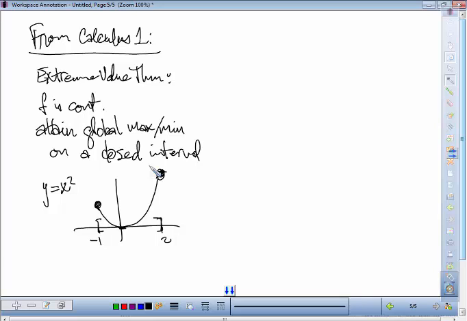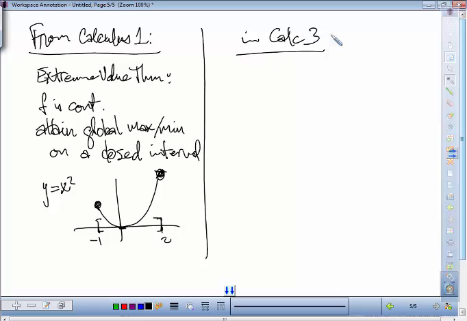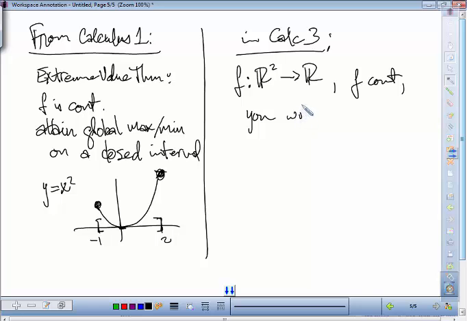So that works the same way for surfaces. So for functions, if you have a function going from R2 to R, you'll be guaranteed, as long as f is continuous and all that, you will attain a global maximum and minimum.